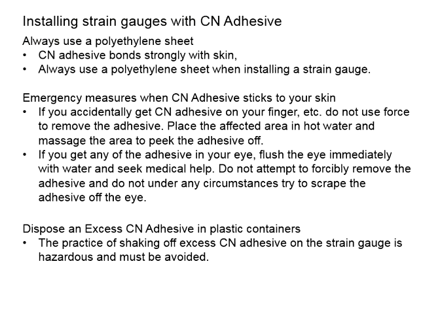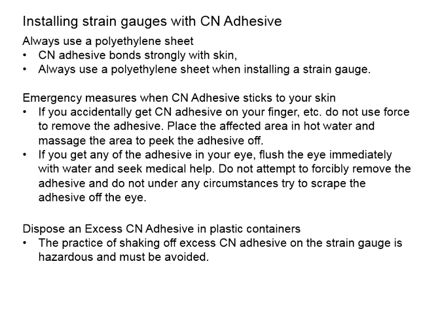Next, we'll talk about the precautions of using this CN adhesive. First, always use these polyethylene sheets, especially when you are inducing pressure during the installation of the strain gauge. You know that CN adhesive actually bonds strongly with your skin.